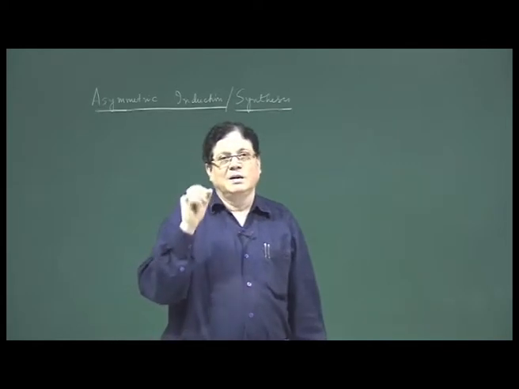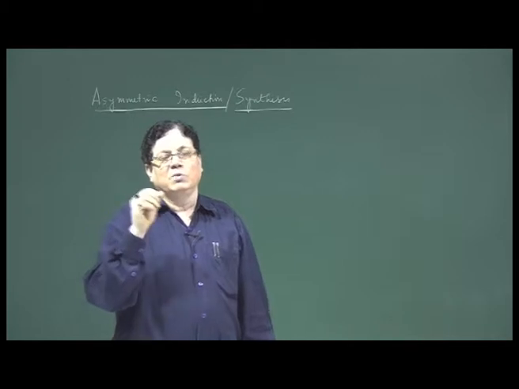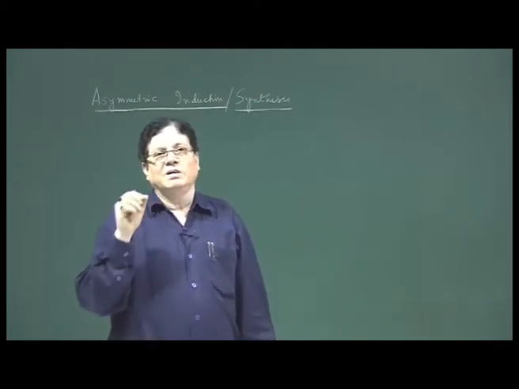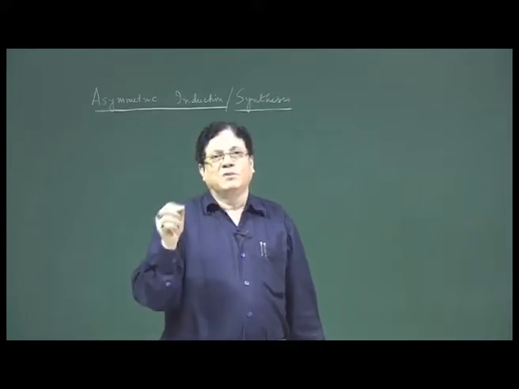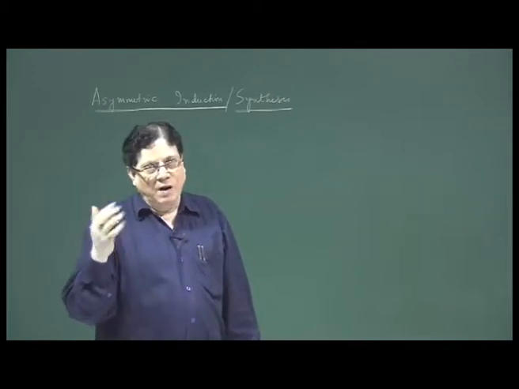Success means the diastereomeric excess, that is the excess of one diastereomer over the other, or the enantiomeric excess, that is the excess of one enantiomer over the racemic form of the mixture, will be of higher value. Okay.